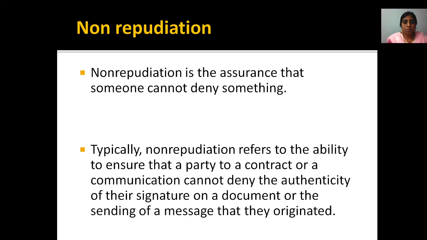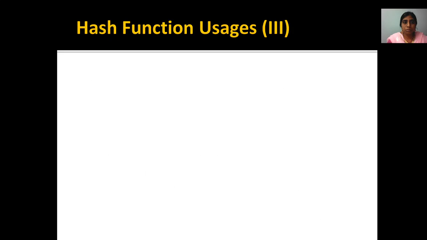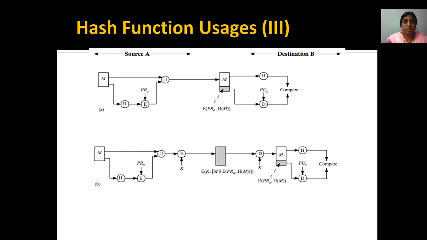The third usage is where we take the message, apply the hash function, then encrypt with the private key of A, and append it with the plain text message. This is sent to the other end with the encryption as well as the plain text message.